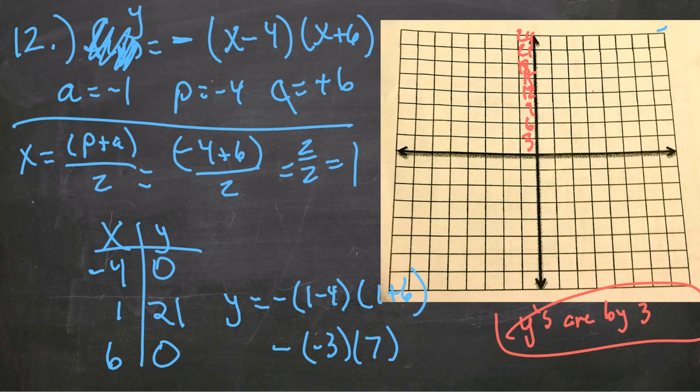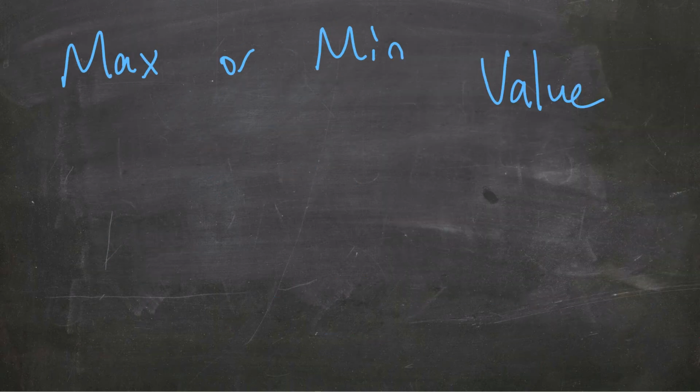Now I go 1 up to 21, put a dot, a line. Negative 4, put a dot. 6, put a dot. All right, I'm going to make my graph. CU. And that's it for 12.